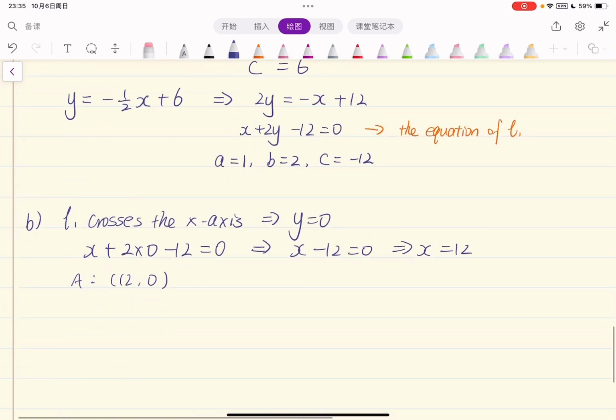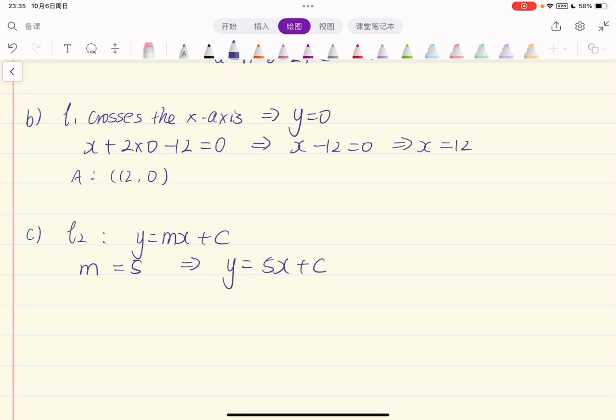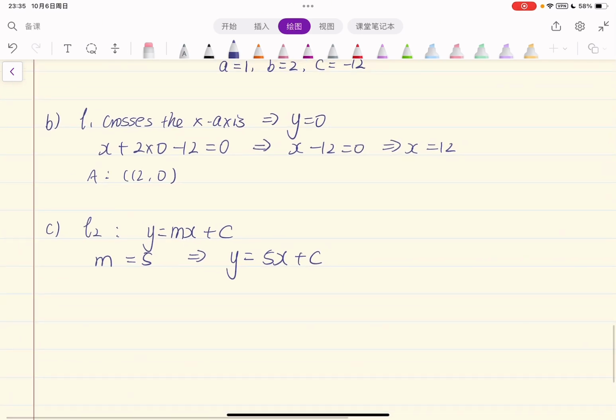Then we can write L2 in the form y = mx + c. We know that m = 5, so y = 5x + c. We also know that L2 passes through the origin, which means when x = 0, y = 0.